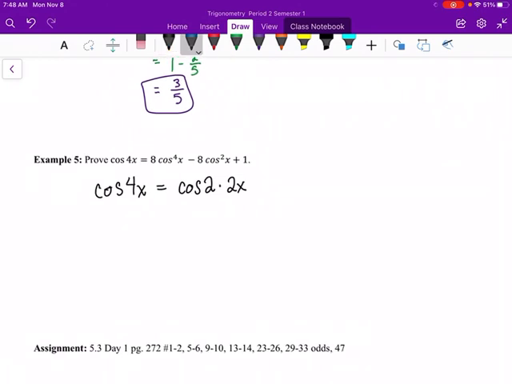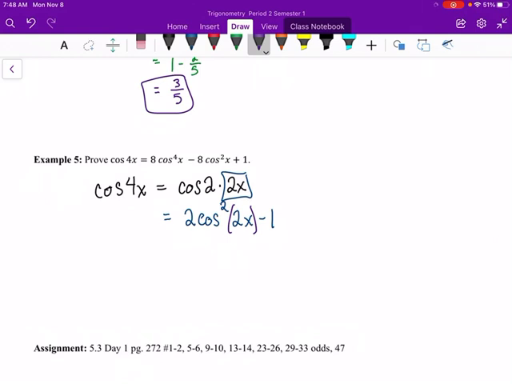So we can write this as 2 cosine squared of 2x, and this is going to be our a value, minus 1. It is okay to have a product inside of what we're taking the cosine of. Here we have cosine of 2x instead of just x or theta.